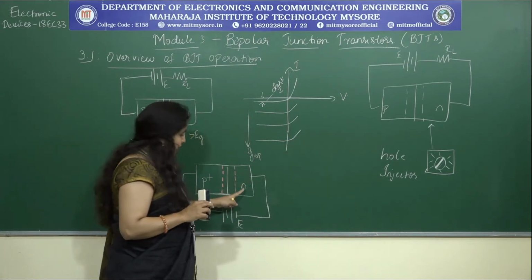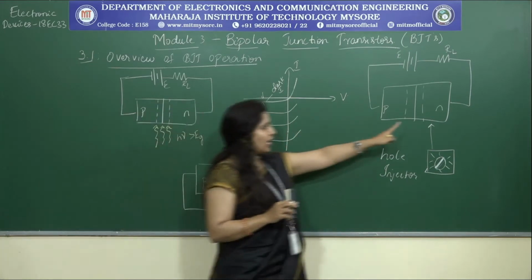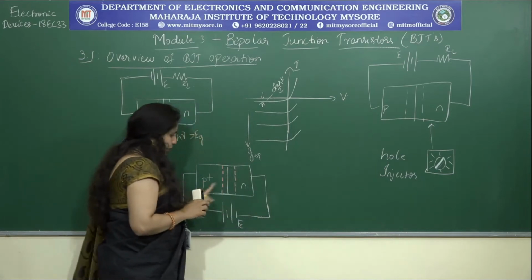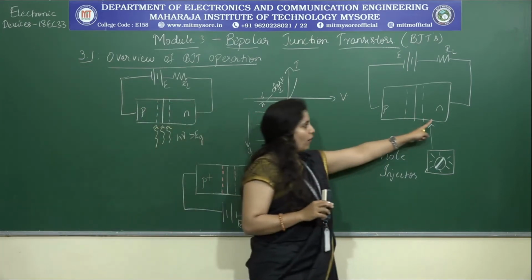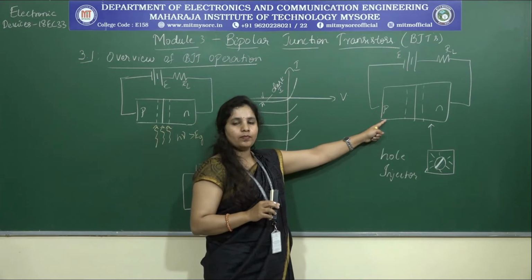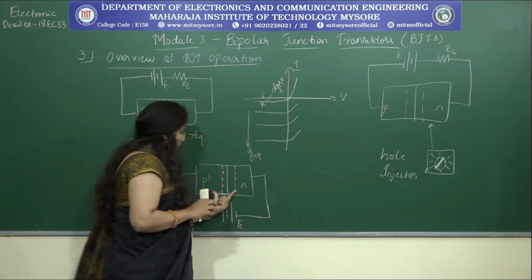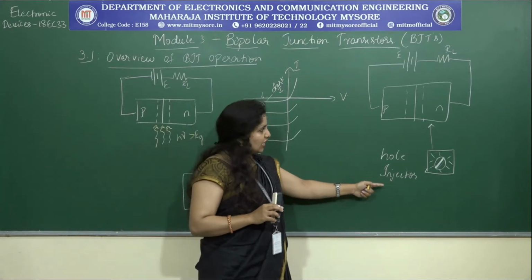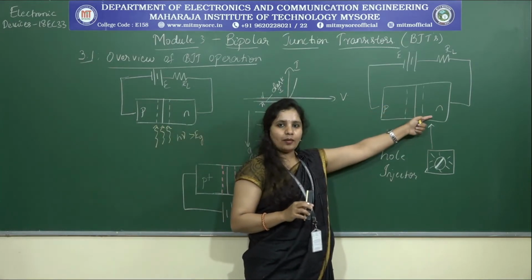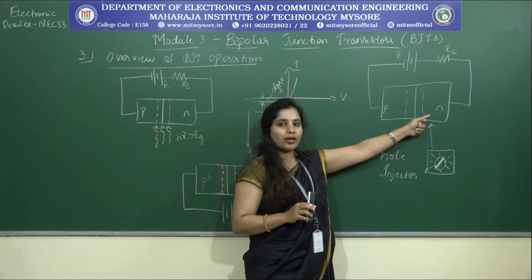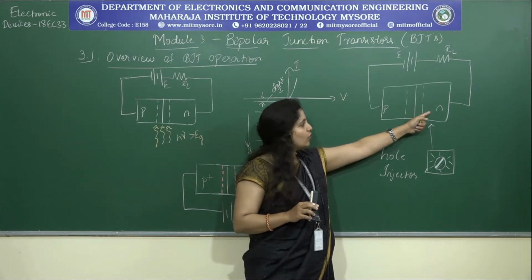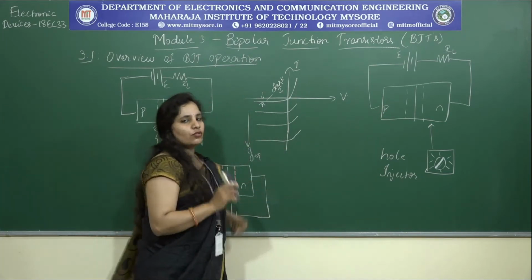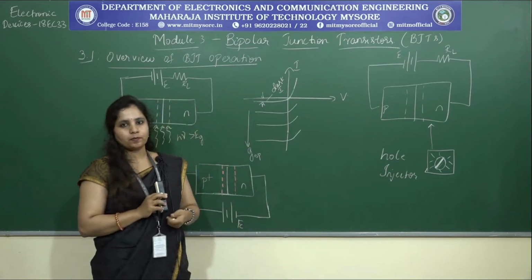and see if I can have this N region the same as the common N region. That means, I can have a P plus N region in common followed by a P region, wherein this P plus N region will act as a hole injector which will inject the holes into the N-type, that become the minority carriers in the N, which in turn will reach the P. That is how I can increase the reverse current flowing in the device.